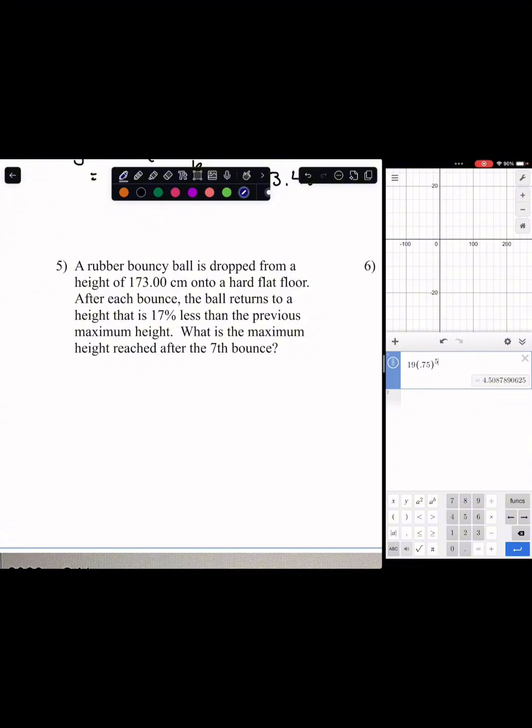Now that you've had the opportunity to try, let's see what you got. And I'm just going to go right to it. My y equals, it starts here. And after each bounce, the ball returns 17% less than previous. What kind is that? That's a decay.